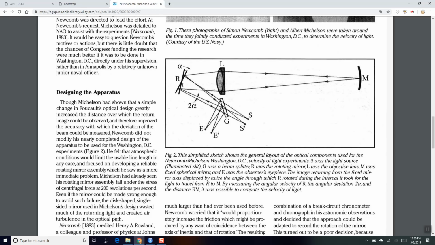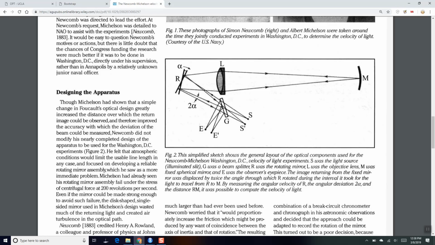The light bounces off of this spinning mirror, and as it travels 3.7 kilometers this way, it hits the mirror, it comes back, so it's traveled a total of about 7.4 kilometers. In that time, the angle of the mirror has shifted ever so slightly, okay? And by knowing the speed of how much the angle of the mirror has shifted, and seeing where the light then bounces off, they were able to judge the speed of the light.